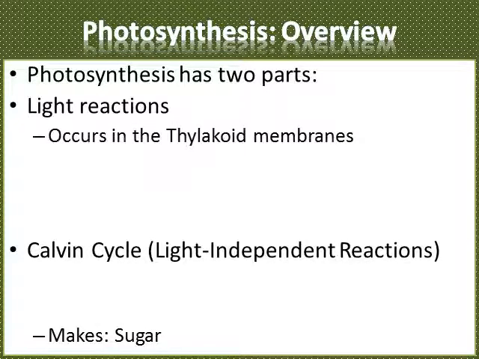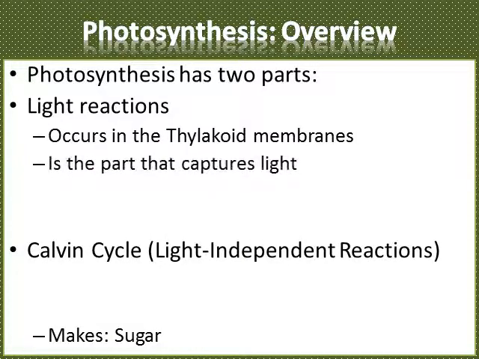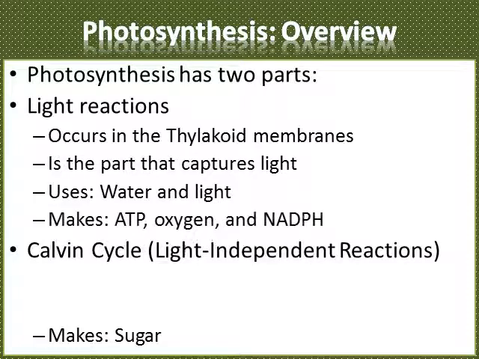The light reactions are going to happen in those thylakoid membranes. Those chlorophyll molecules, those little green pigments, are going to play a huge role when it comes to capturing the sunlight in these thylakoid membranes. Again, this is the part that captures light from the sun. It's going to use water as well as light in order to make ATP, oxygen, and NADPH.